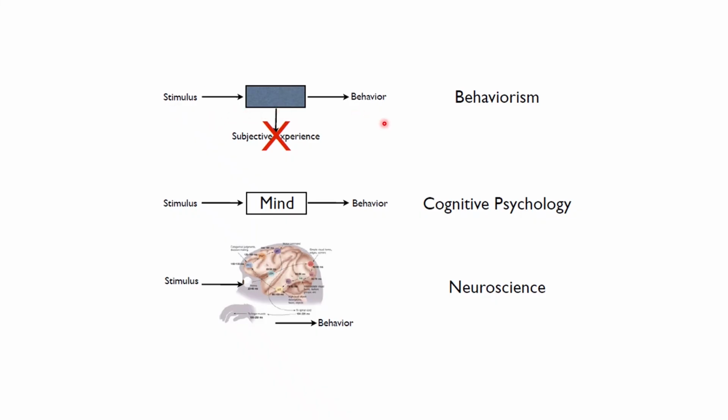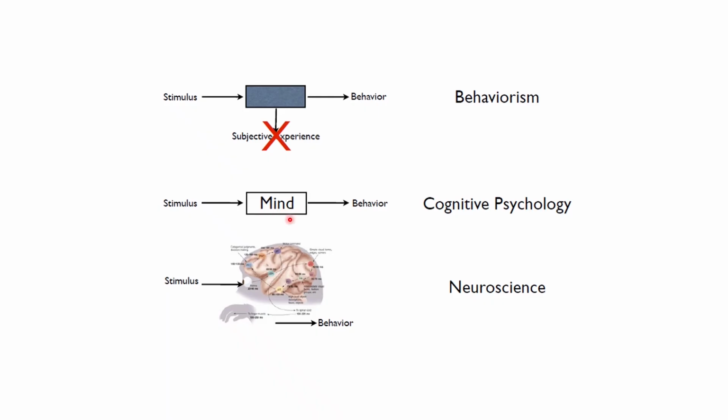That is one approach. Now, the same phenomenon of stimulus to behavior mapping was studied by cognitive psychologists by explicitly considering the mind. They made models of the mind with different attributes, different features. So the mapping depends not only on what stimulus is coming, but also on the current state of the mind and how the mind functions.